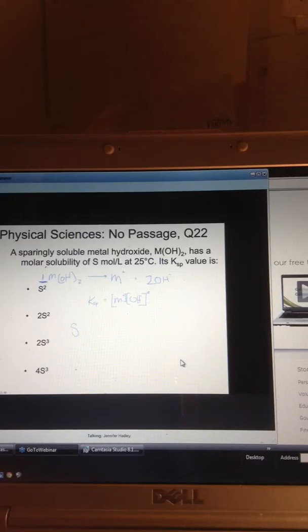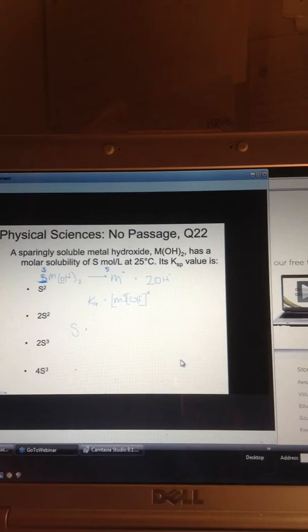So we'll say there's 1 mole here, so 1 times S. This also equals S. So if the number of moles you dissolve is S in a saturated solution, because of the coefficients of this reaction, this and this metal ion have a 1-to-1 relationship, and the S of our initial metal hydroxide has a 1-to-2 relationship with the concentration of OH.